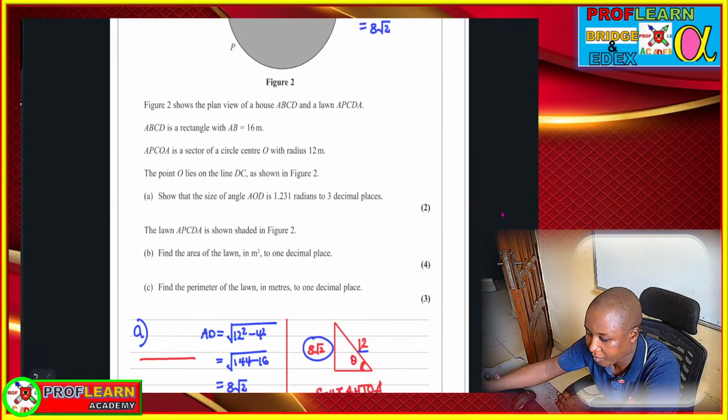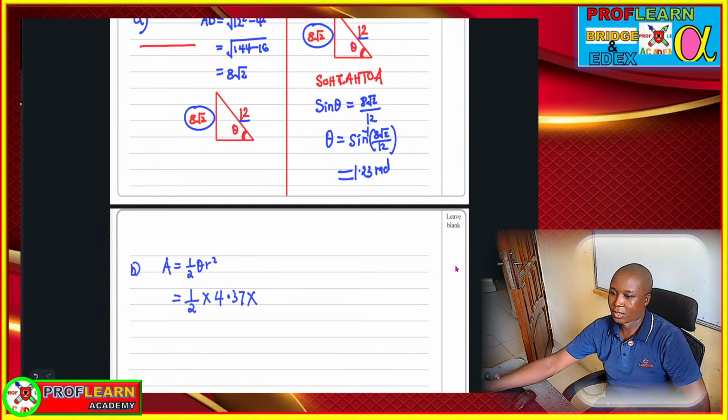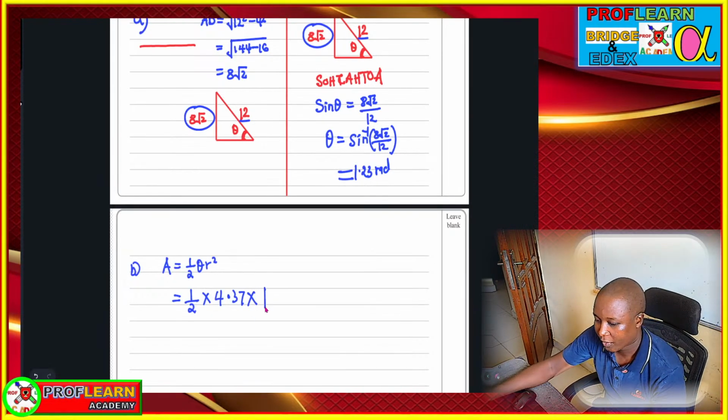Area of a sector, part B. Area of a sector is usually a half theta r squared. That's how we find the area of a sector. So this is going to be a half times 4.37 times the radius, which in this case was 12, so 12 squared.